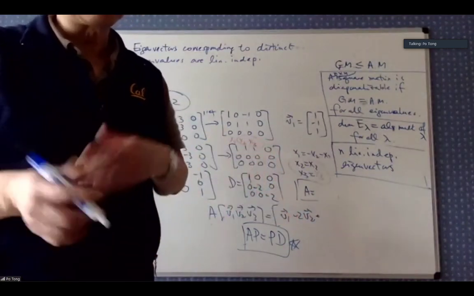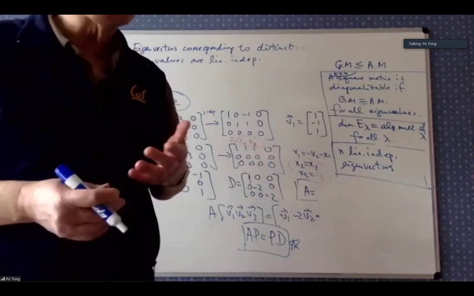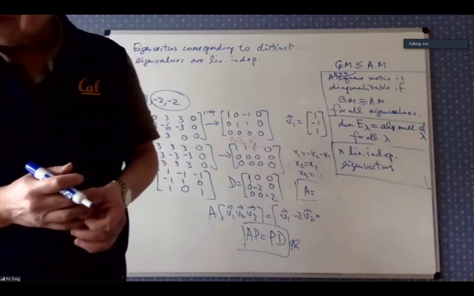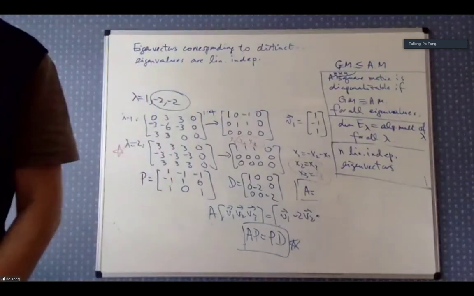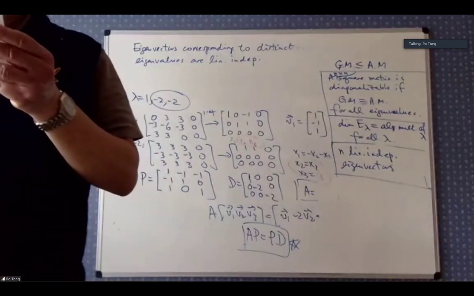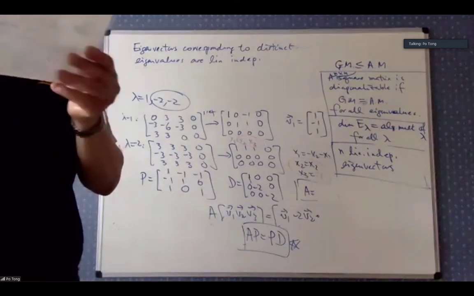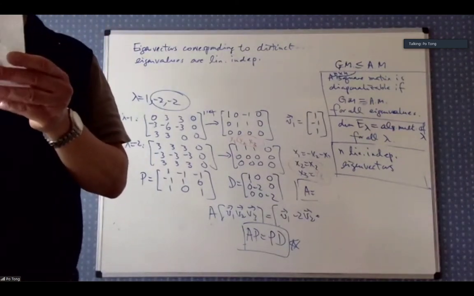But if some of them are not distinct, then it may not work, depending on the situation. Oh, okay. So we got lucky here, I guess. Yeah, in some sense, got lucky. Okay, thanks. We're going to give you an example where you are not that lucky. Okay?